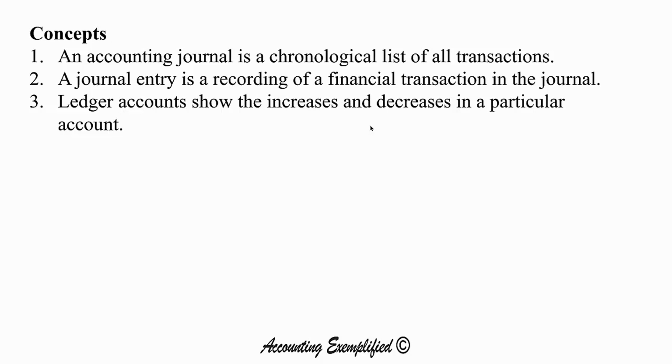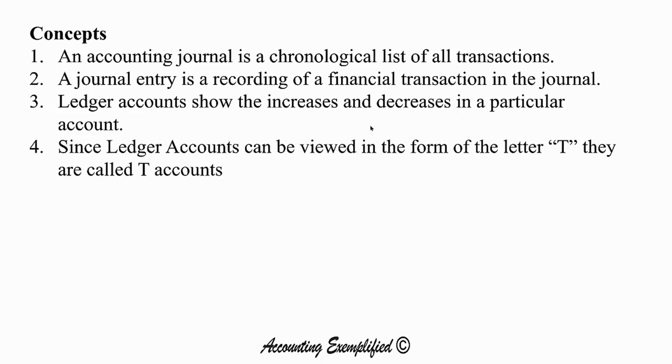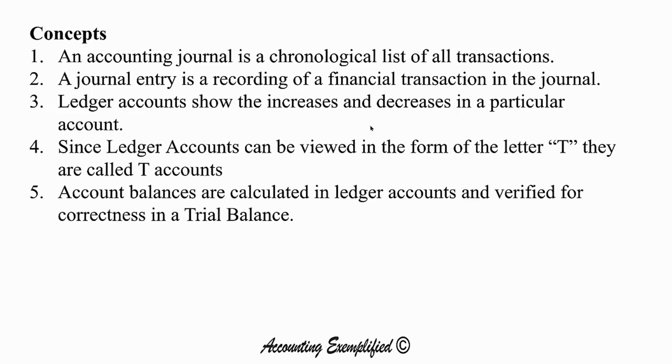And these ledger accounts show the increases and decreases in a particular account. Now, ledger accounts are important because the account balances for each account are calculated from the ledger accounts, and the correctness of these balances is verified in a trial balance.